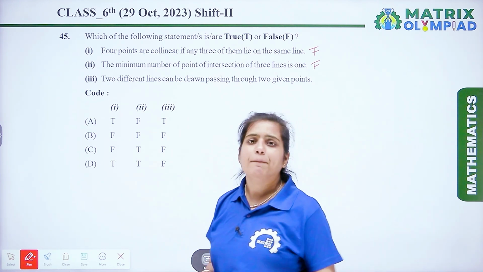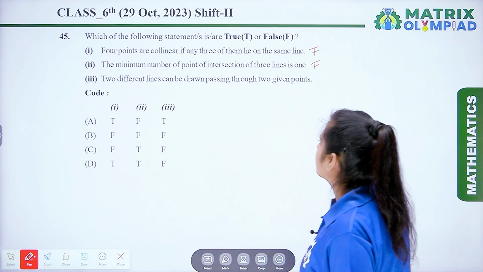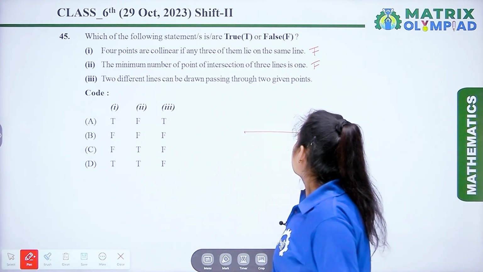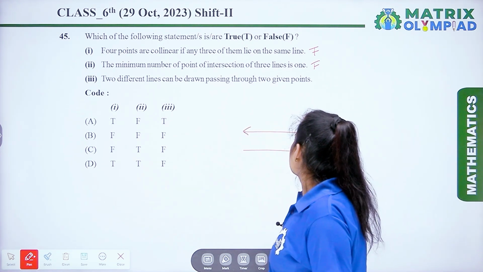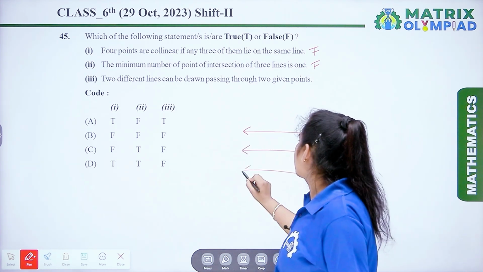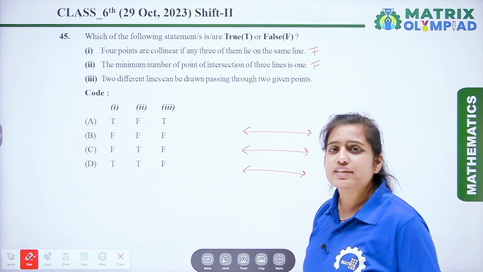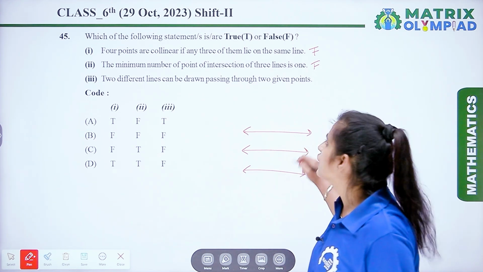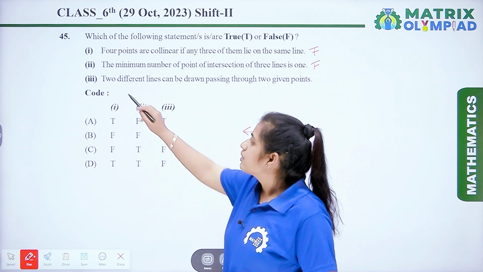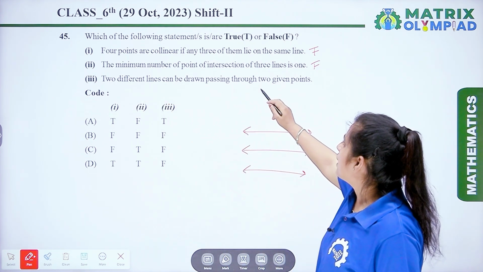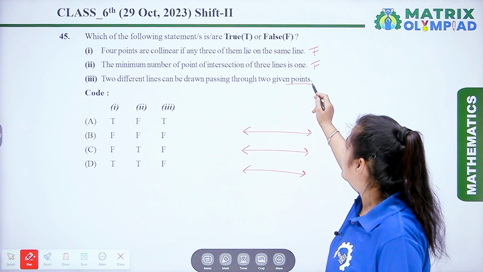The minimum number of point of intersection of 3 line is 0 because 3 lines can be parallel. So here the minimum number of point of intersection of 3 lines is 0, not 1. Third is 2 different lines can be drawn passing through 2 given points.